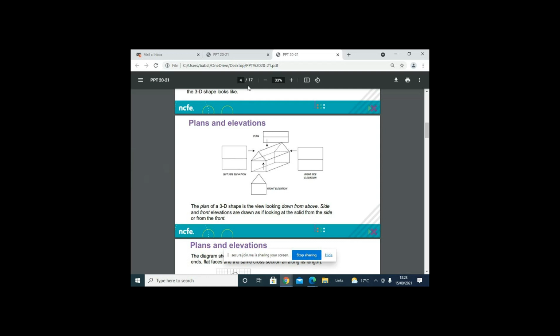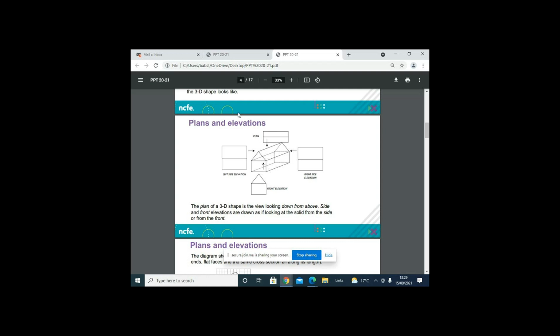If you are here, where the cursor is, and you look down, how will the shape look? It's going to look like a rectangle with a line in between, because this line here will form a line in between. So this one is the plane elevation.